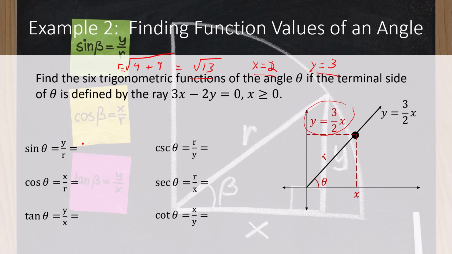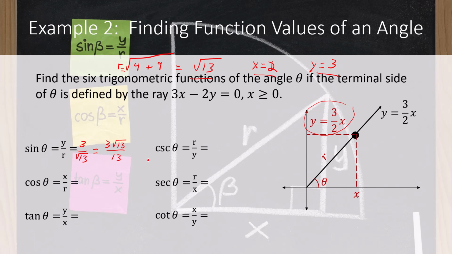The sine of theta here is going to be y, which is 3, divided by the square root of 13. Now, we will probably need to rationalize our number, and if we do, we'll multiply the numerator and denominator by the square root of 13, and that will give us 3 root 13 divided by 13.